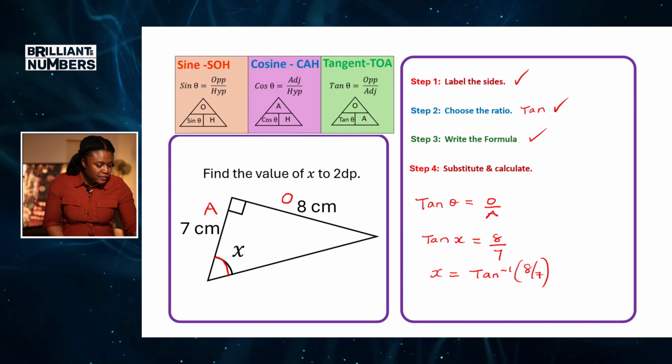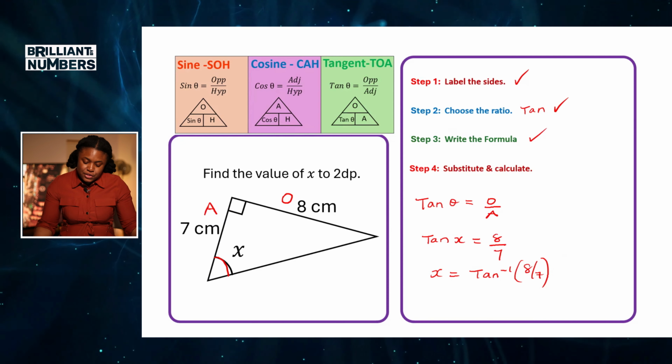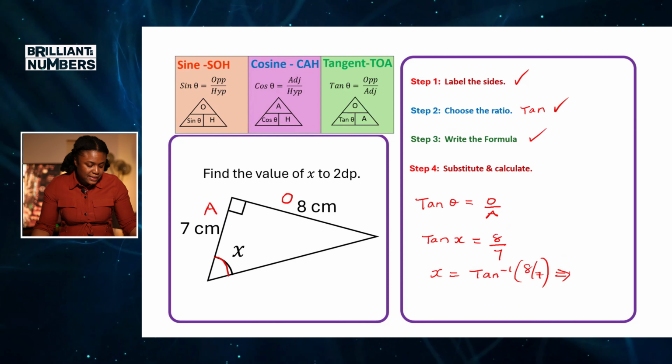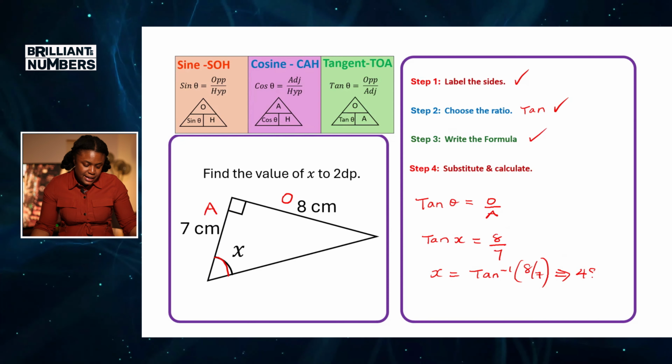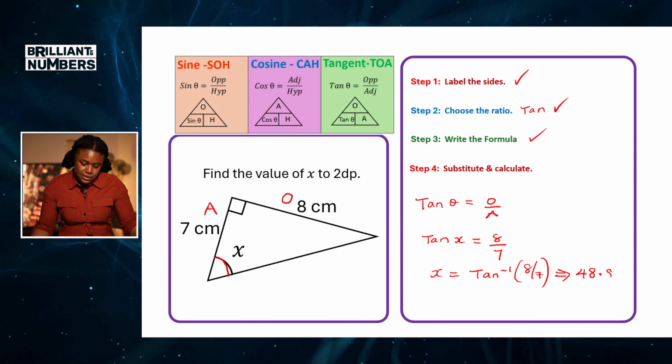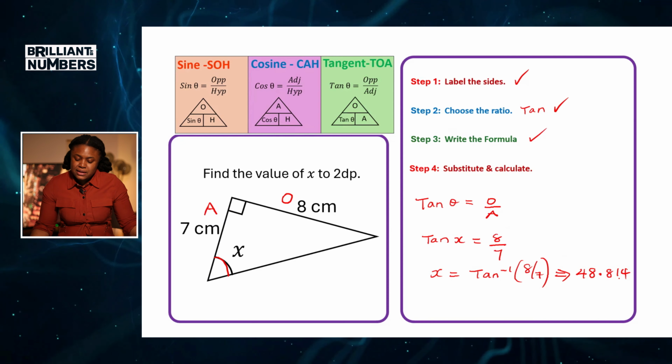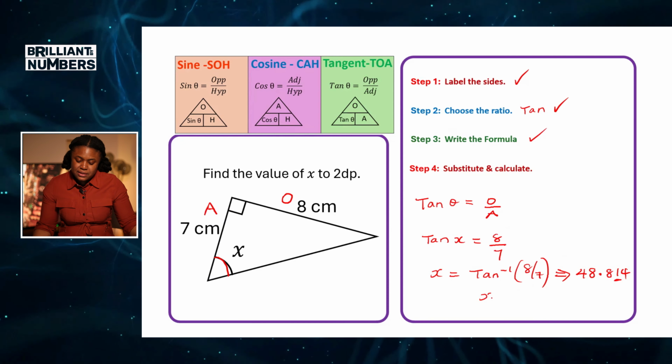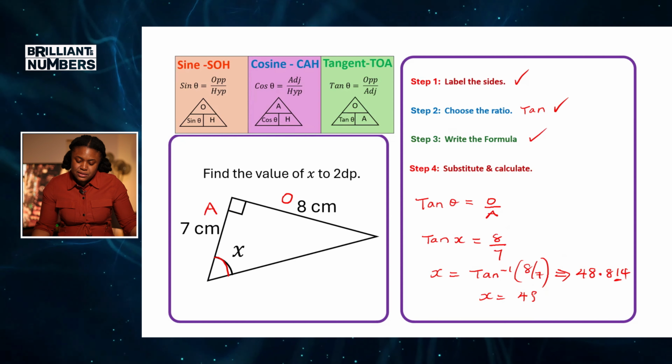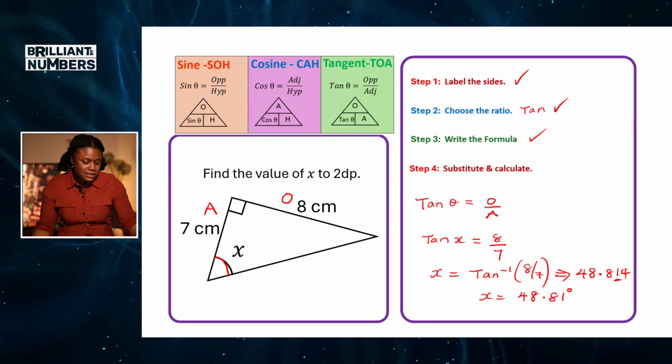So tan inverse of 8/7, 3 dp's, that gets me to 48.814, but I need to round to 2 dps, so x then has to be 48.81 degrees.